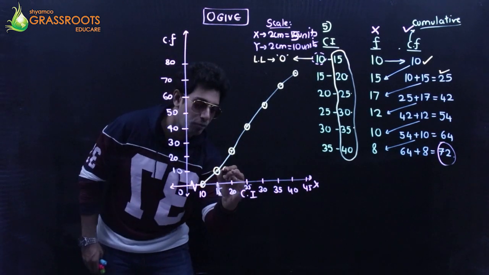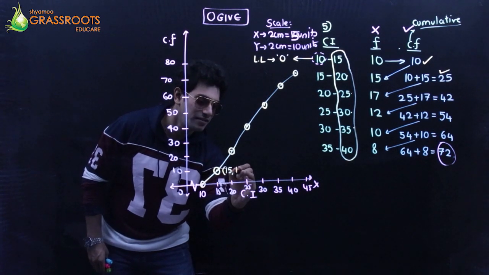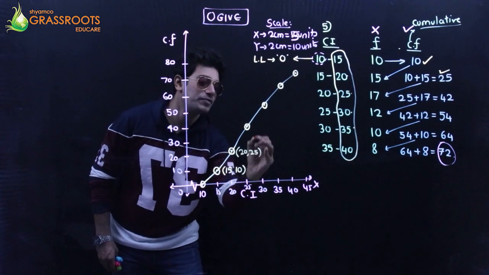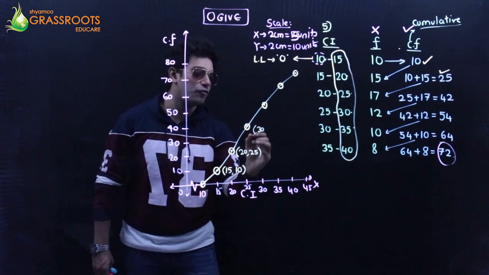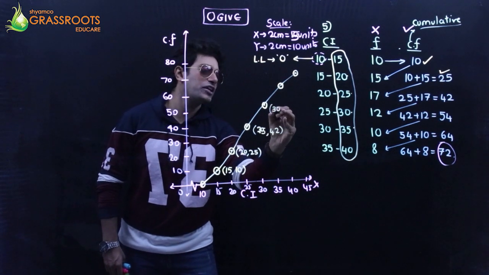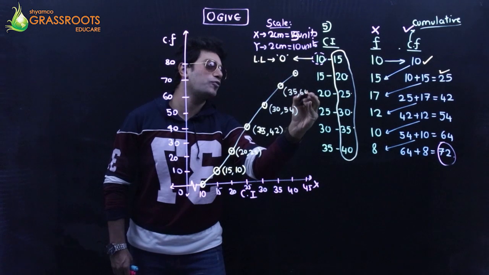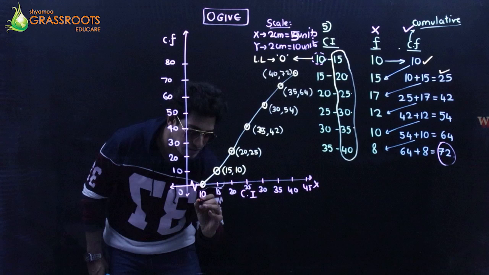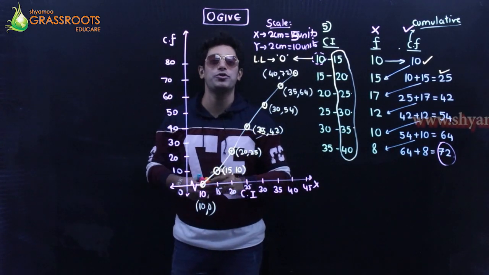You need to mention the points: 15, 10; 20, 25; 25, 42; 30, 54; 35, 64; and the last point 40, 72; and this one is 10, 0. This is your ogive. This is the way you draw.